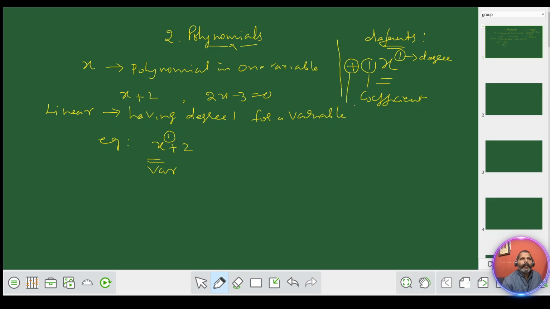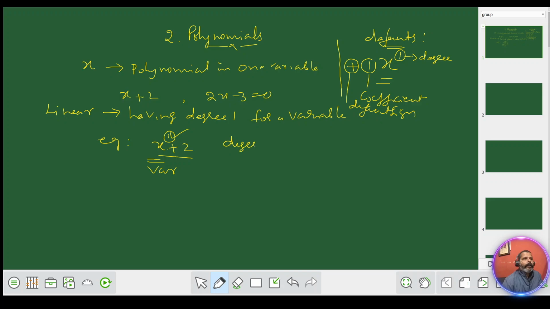And the third, the default sign. For any variable, if all these three things are not mentioned, they can be assumed. So coming to this x plus 2, the degree of the polynomial x plus 2 is 1 because the variable x has power 1.